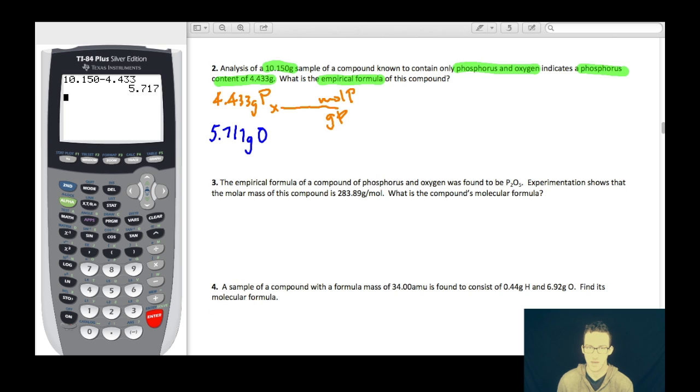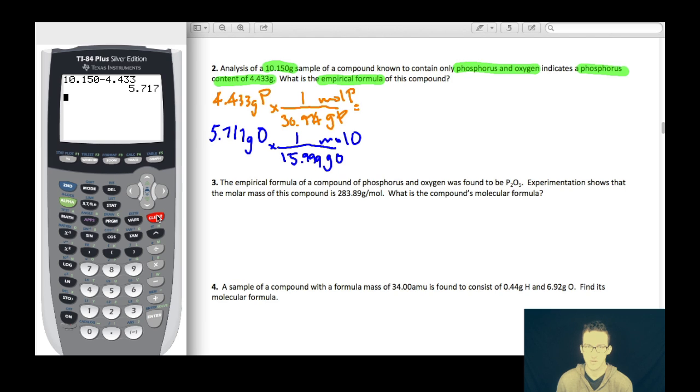And once we know the masses in grams, it's just a quick conversion to number of moles. And then once we know number of moles, we just compare to get our empirical formula. Moles, oxygen. So here it's a ratio. For 1 mole, there's 30.974 grams of phosphorus. And here in 1 mole, it's 15.999 grams of oxygen.